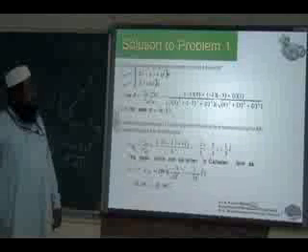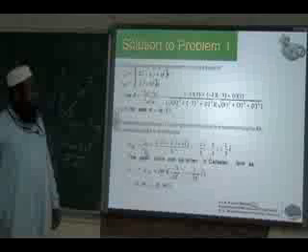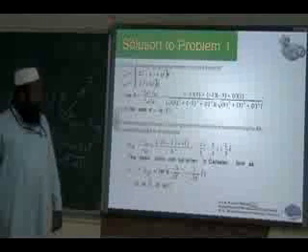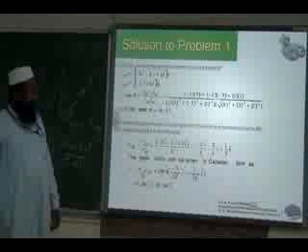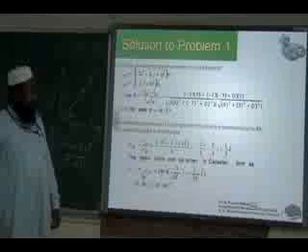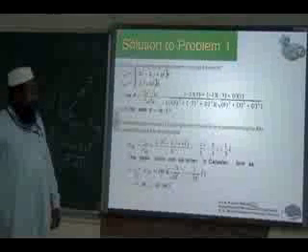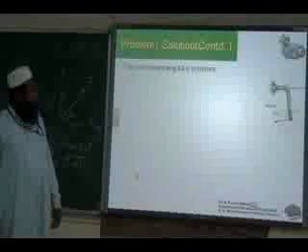So the unit vector is obtained: the position vector divided by its magnitude will give you the unit vector. Then we multiply the unit vector with the magnitude, and we get the vector along BC also.